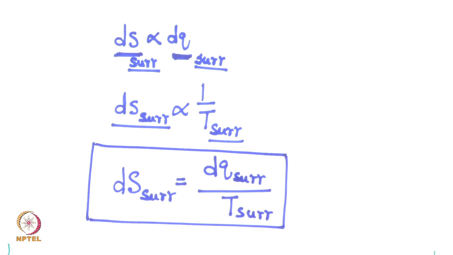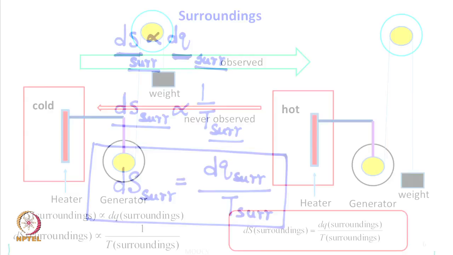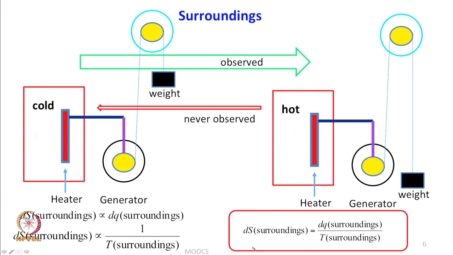And that is what we see in this slide, that dS surroundings is equal to dq surroundings by T surroundings. So, this is the formula to be used if we want to calculate the change in entropy of the surroundings. We need to know the amount of heat transferred to the surroundings and the temperature of the surroundings.